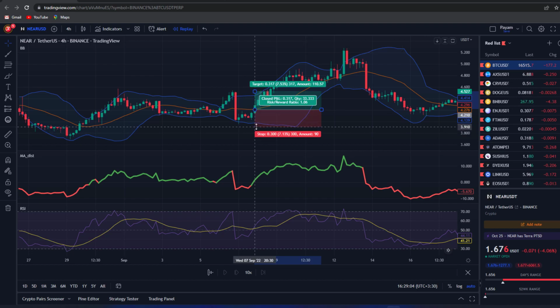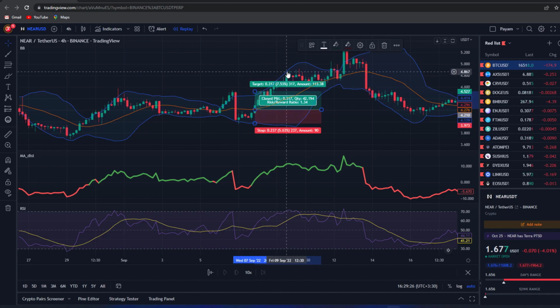Stop loss: previous candles, or the band over here. Guys, I forgot to tell you something. One of your stop losses, if you're a guy who is really willing to take risks, can be the upper band for short positions or the lower band for long positions.